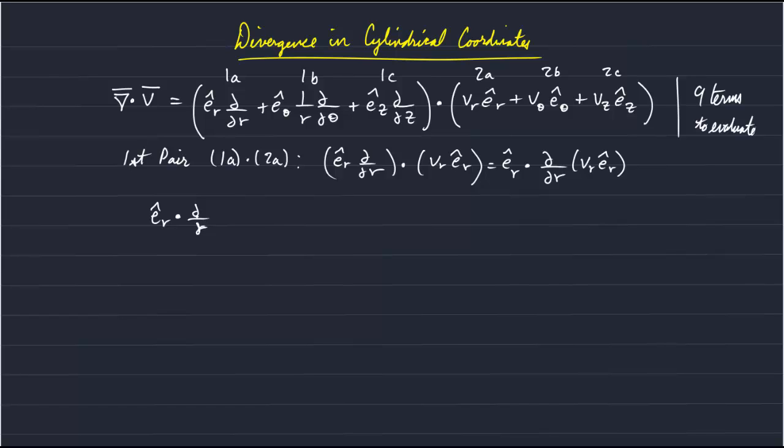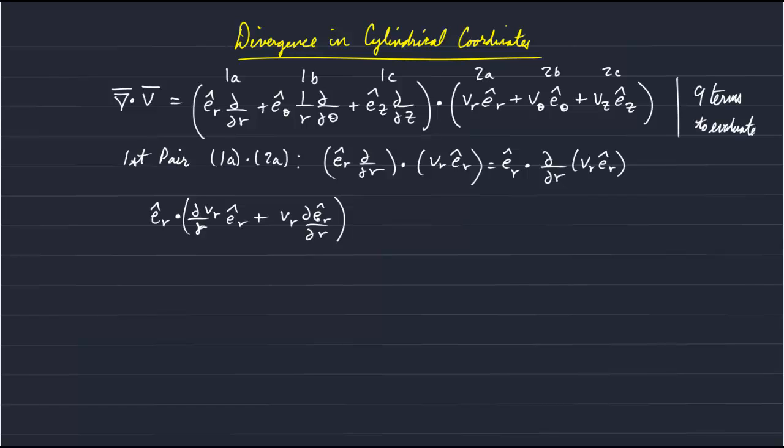So we have d by dr of Vr times e hat r plus Vr times the partial derivative of e hat r with respect to r. And in this case, e hat r does not depend on r.